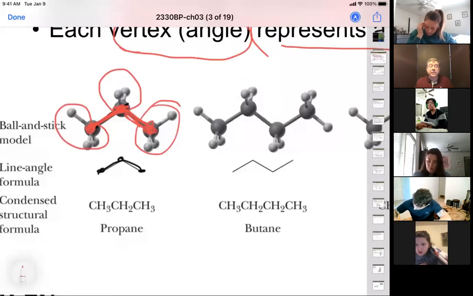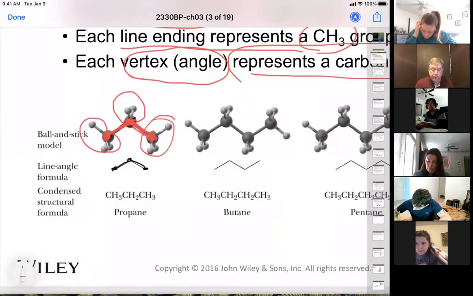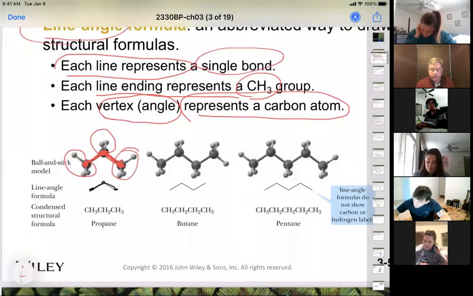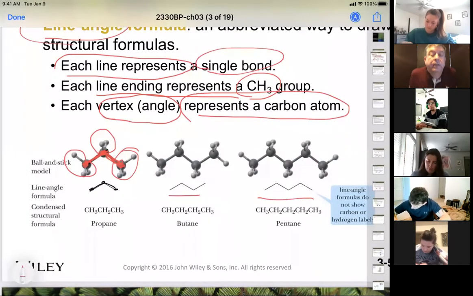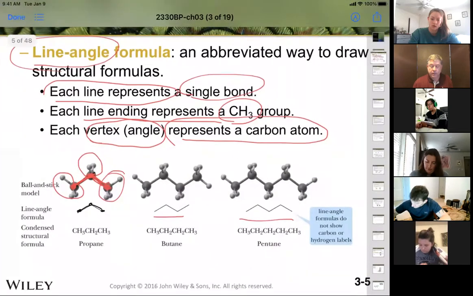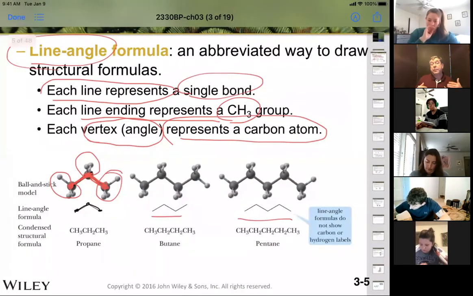And then we can just extend these chains out as long as we want. Okay, so 4 carbons, 5 carbons, and they're just going to continue out. So do we understand that a line is a bond between 2 carbons, and the hydrogens are assumed there based on trying to get a total of 4 bonds to each of those carbons? Okay. So that's the way I'll be drawing these for the rest of the semester.